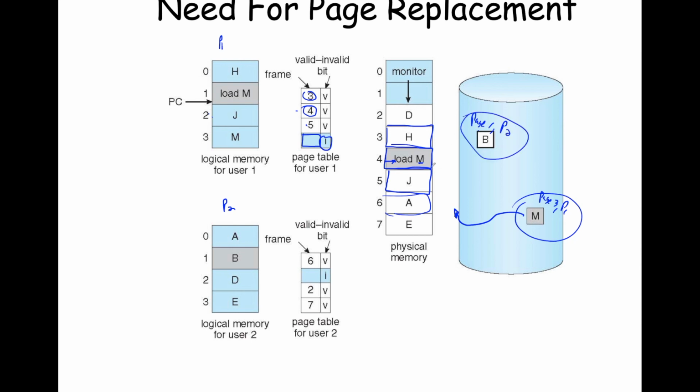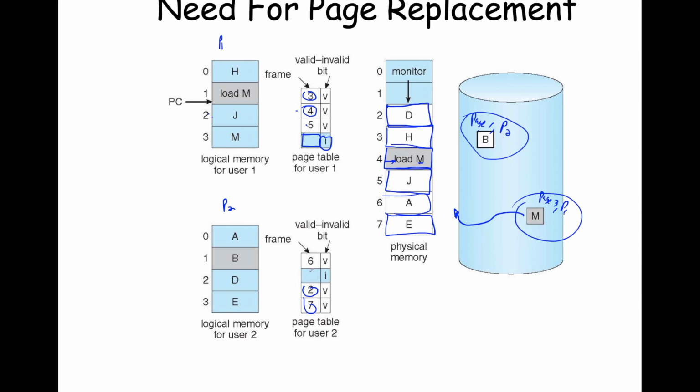It's in our swap space on our backing store, and so the invalid bit is set to i because it is not loaded. We look at page 2 of process P2, D, it's in frame 2. So here we see the contents of page 2 for process P2. And then lastly, page 3 is in frame 7. Here we see in frame 7 the contents of page 3 for process P2.